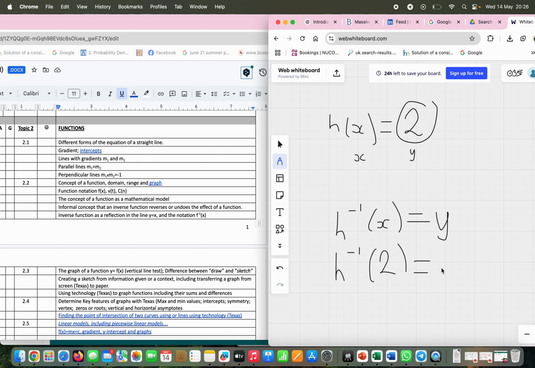So remember, the flipping process on the coordinate axes also happens when you're dealing with the algebraic function as well.